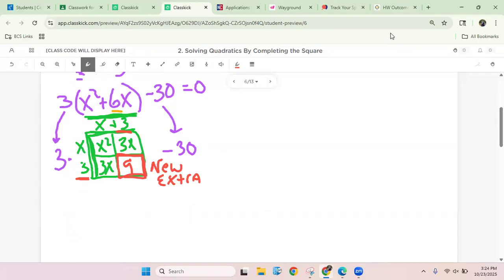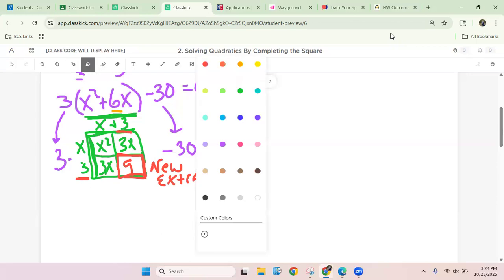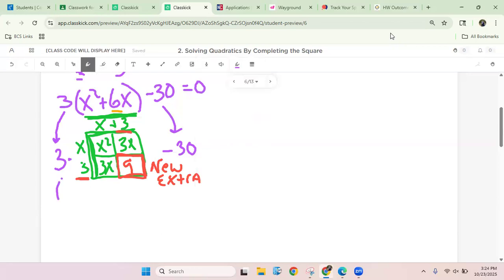So now let's continue based on what we've done so far. I'm going to bring that 3 down, and then I'm going to write exactly what my factors are, x plus 3 and x plus 3, which is x plus 3 squared. I'm going to bring down that value of minus 30 again. I haven't worked with all this yet.